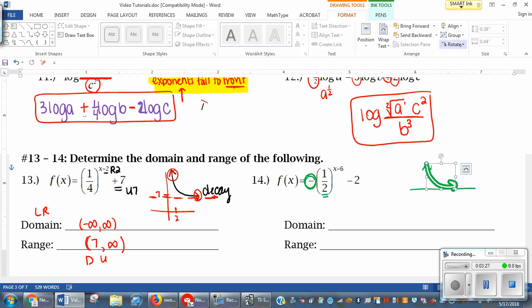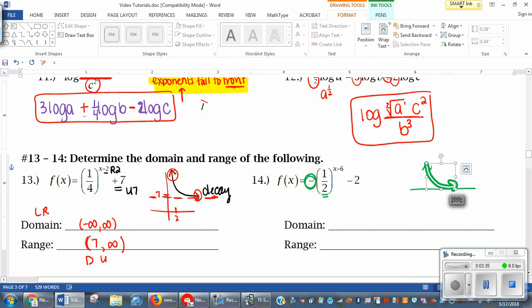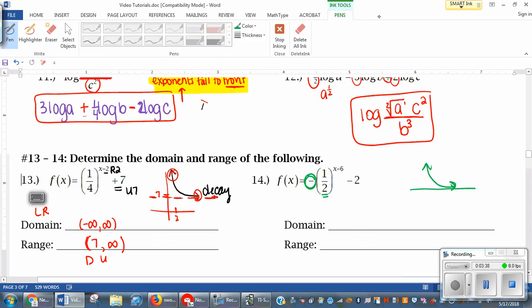But anyway, our reflection over our x-axis is just going to look like this if I were to fold my paper in half. Okay, so the negative causes it to flip like that.